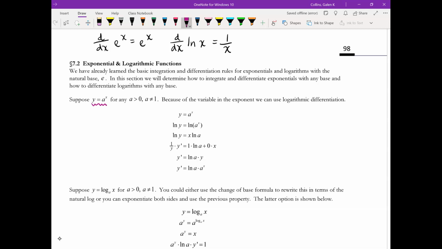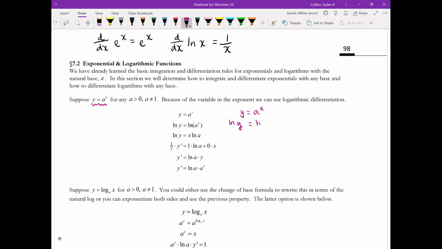If we have the exponential function y equals base a to the power of x, a could be any base that is not 0 or 1, including e. So if we start off with y equals a to the x, we could use the process of logarithmic differentiation to rewrite a to the x.